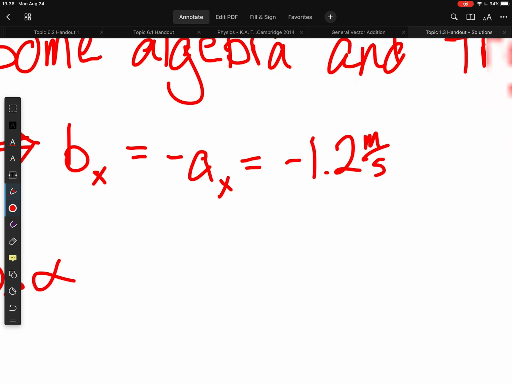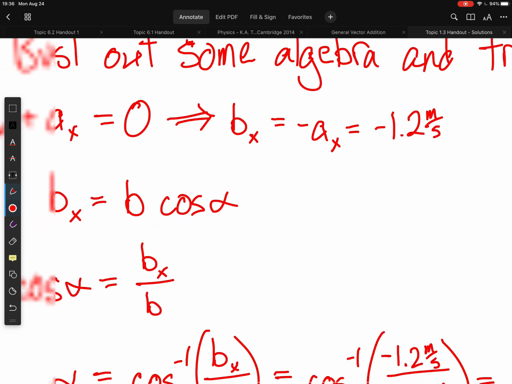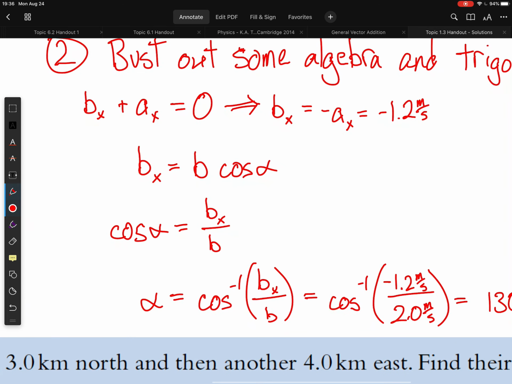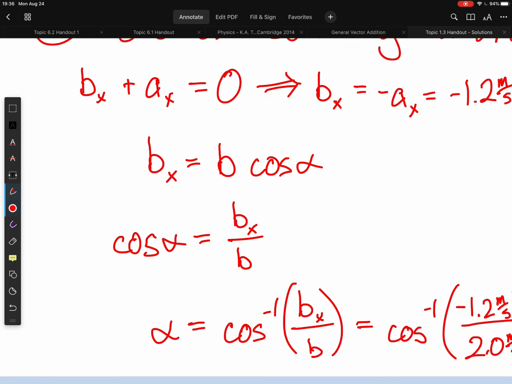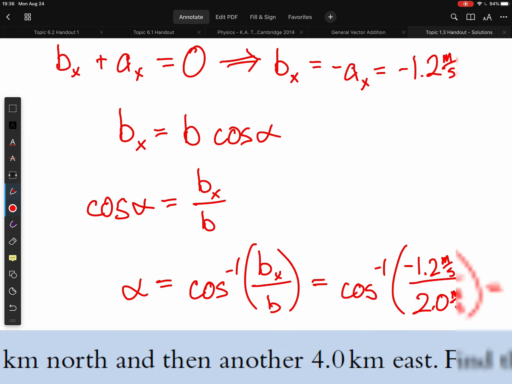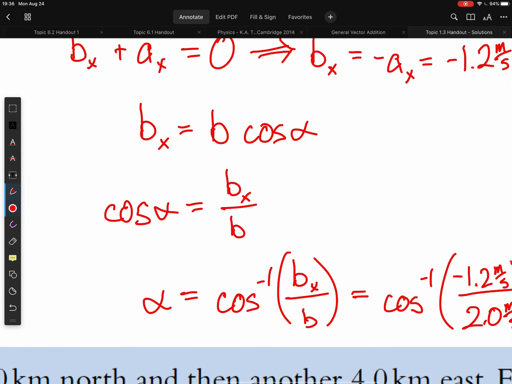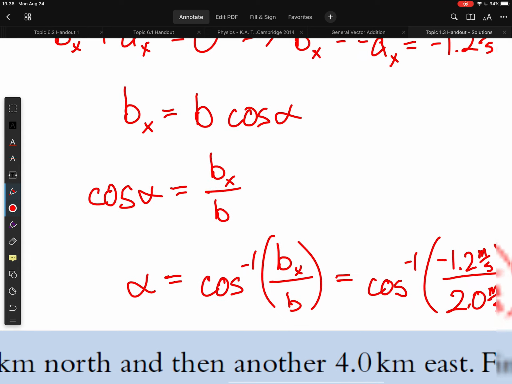Note that assigning minus signs becomes occasionally a little bit tricky, and so keep that in mind as we go forward. Okay, we also know that b_x is equal to the magnitude of vector b times cosine of its angle, which I am calling here alpha. Okay, so that means that cosine of alpha, doing a little bit of algebra here, will be equal to b_x divided by the magnitude of b.